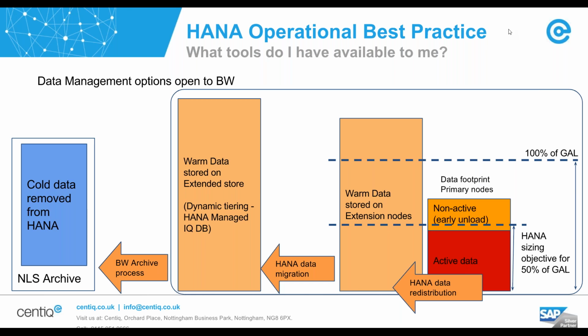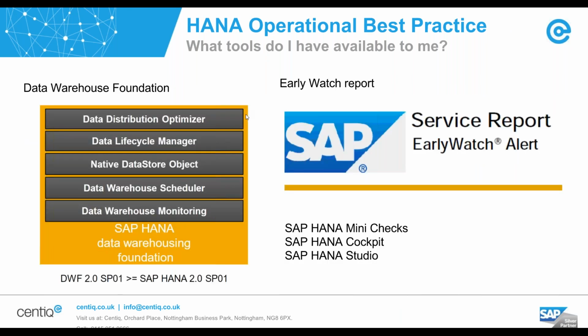But if we're trying to keep it within the HANA management, then you've got the dynamic tiering option, which is again SAP IQ, but it's managed by the HANA system. But it is a data migration that you have to do.